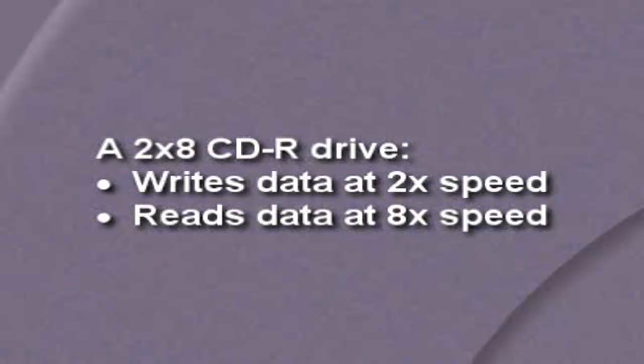For example, if we had a CDR drive that was rated 2x8, that indicates that that drive can write data at 300 kilobytes per second, and it can read data at 1,200 kilobytes per second. If we had a 10x32 CDR drive, that means we can write data at 1,500 kilobytes per second and read data at 4,800 kilobytes per second.